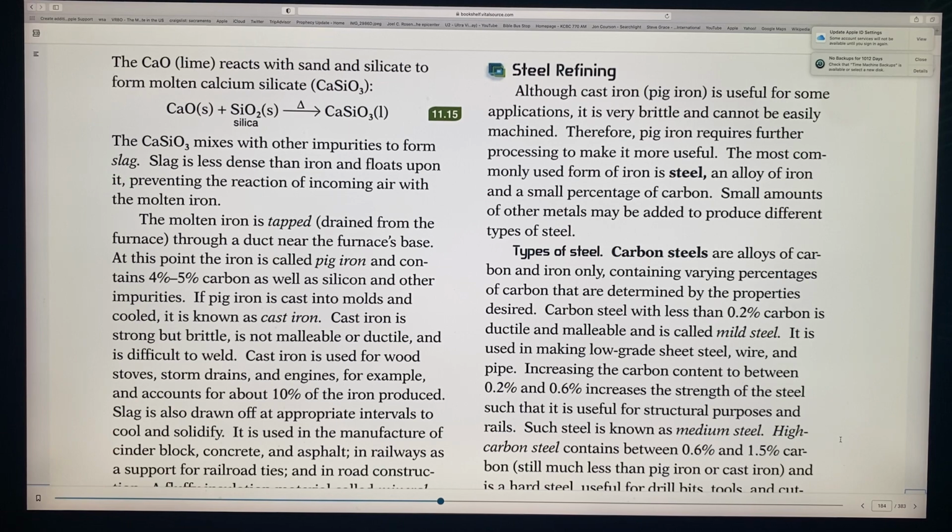Increasing the carbon a little bit more strengthens it and makes it into a steel, which is not brittle anymore. It's very hard, you know. So a high carbon steel would be like 0.6% to 1.5%. So that's one of those types of steel.